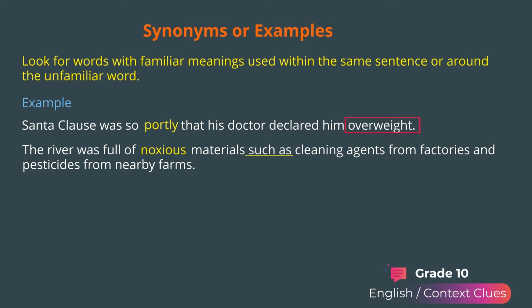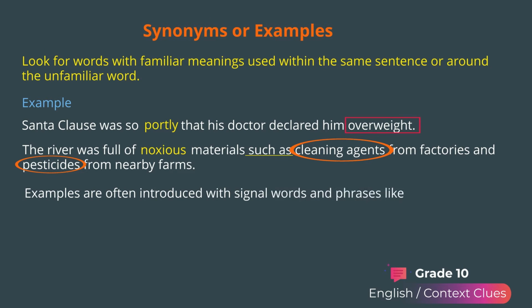Even though we may not know what noxious means, the examples of cleaning agents and pesticides let us know that things that are noxious are dangerous and poisonous. Examples are often introduced with signal words and phrases like, for example, for instance, including, and such as. Look for them.